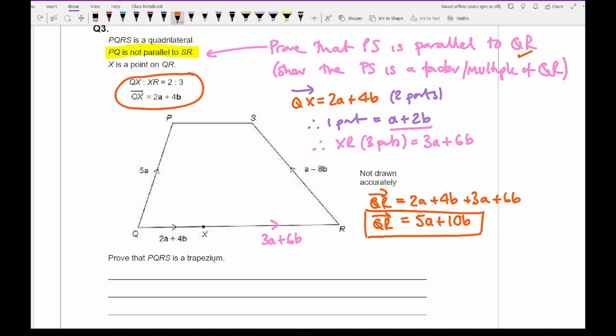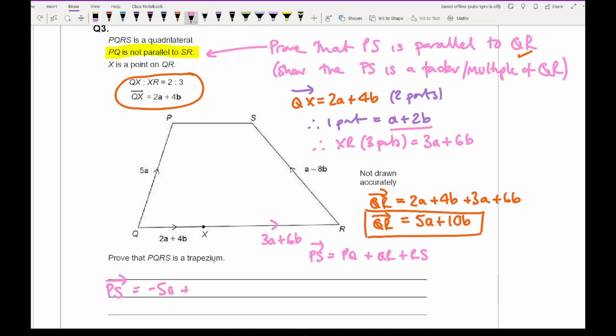So the next thing for me then to find is what PS is. So PS is equal to P to Q plus Q to R plus R to S. So going in the direction I've just stated, P to Q is going to be minus 5A, because we're going against the arrow.